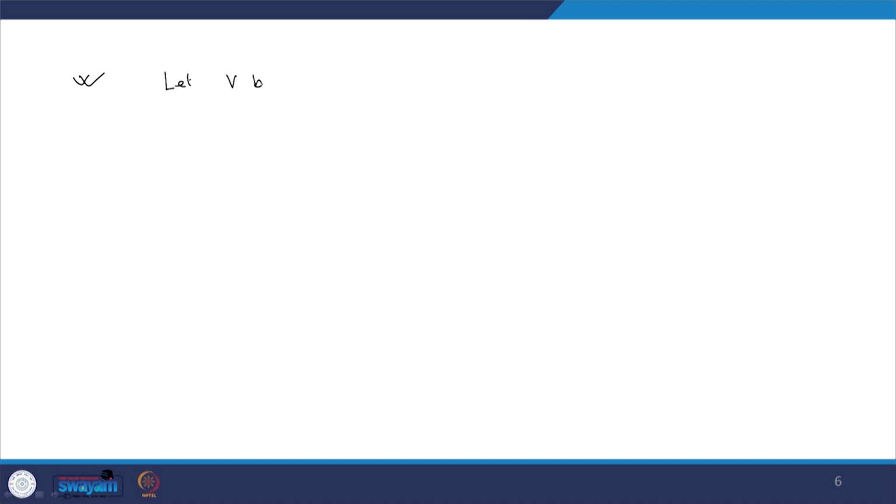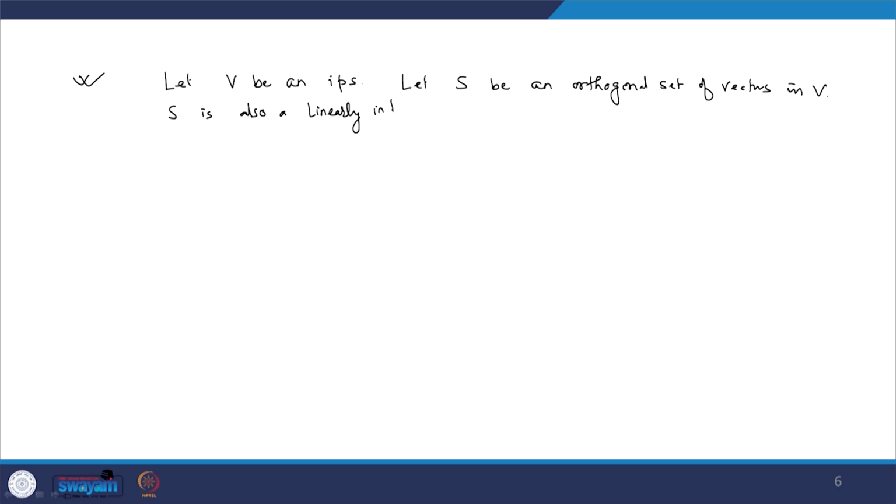Let V be an inner product space, and let S be an orthogonal set of vectors in V. Then S is also a linearly independent set.